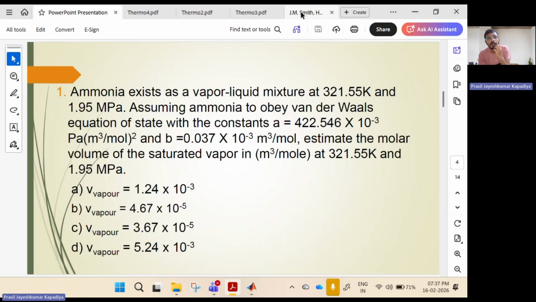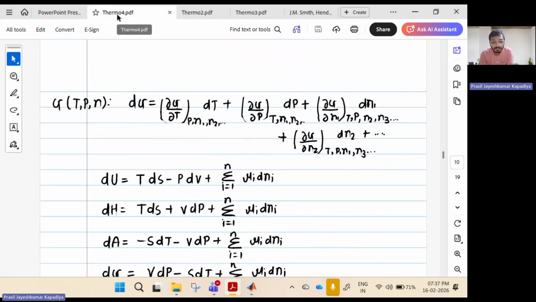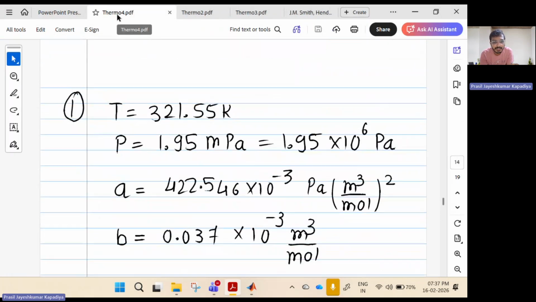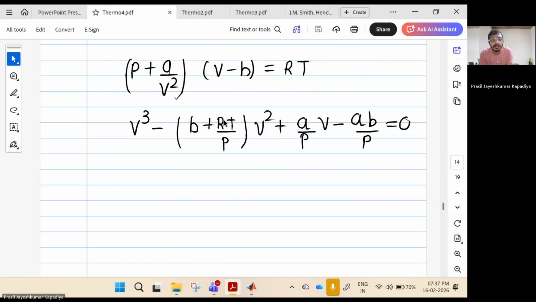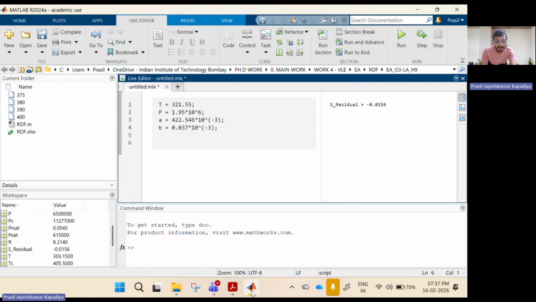Okay, so what will be my equation? My equation can be written as V cubed plus this B plus RT by P. Let's say my coefficient 1 is equal to 1.